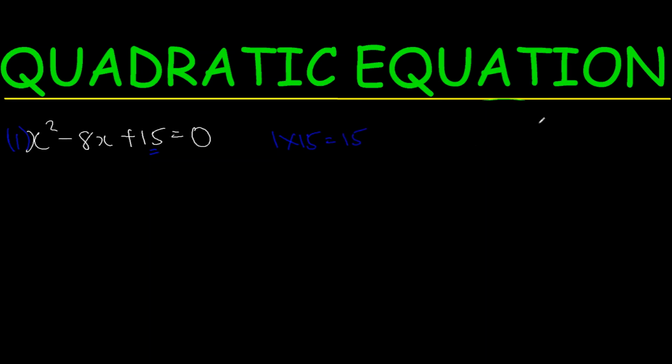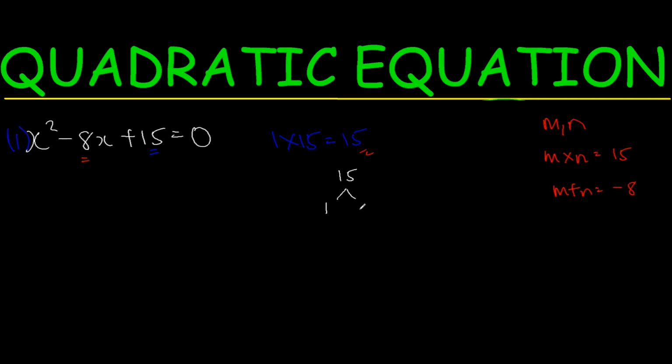Next, we have to look for our two numbers m and n such that m multiplied by n will give us our number here, 15, and m plus n will give us our coefficient of x here, minus 8. So to find these two numbers, we have to make a list. Always start with 1.